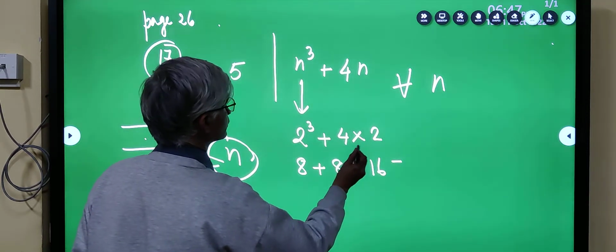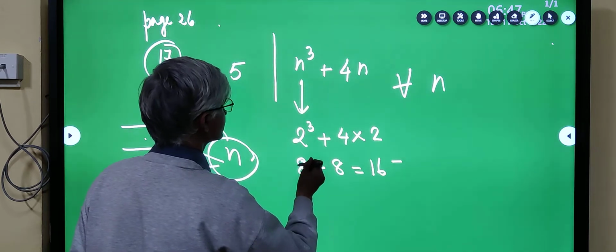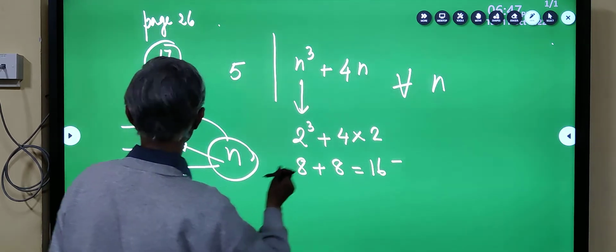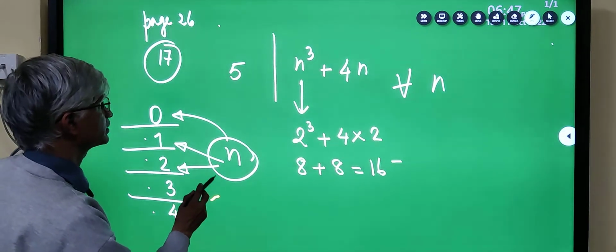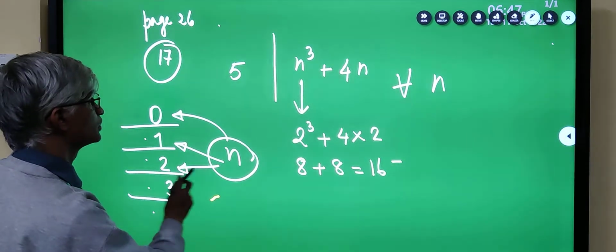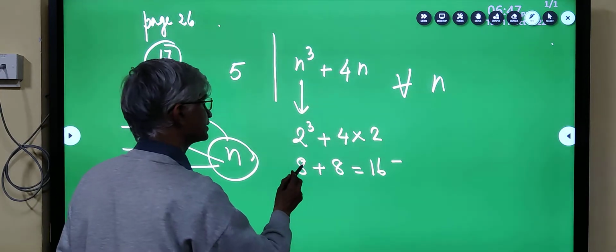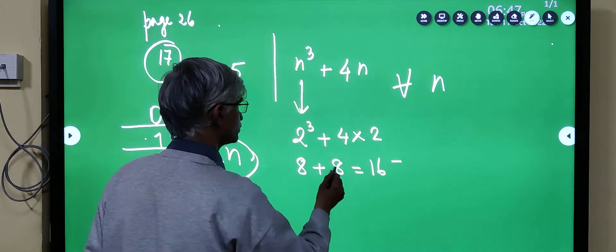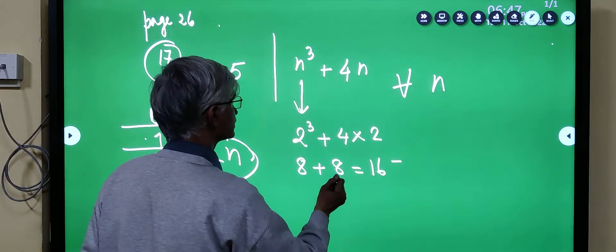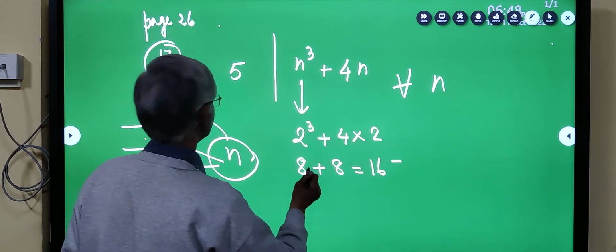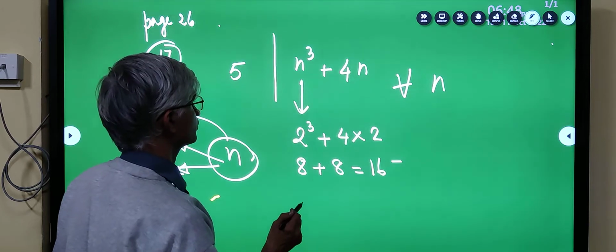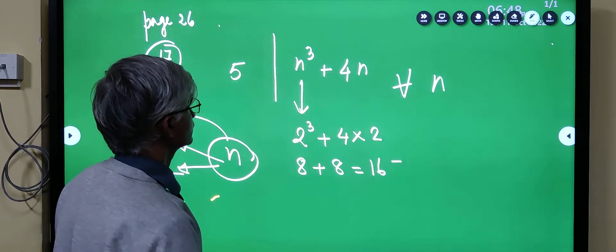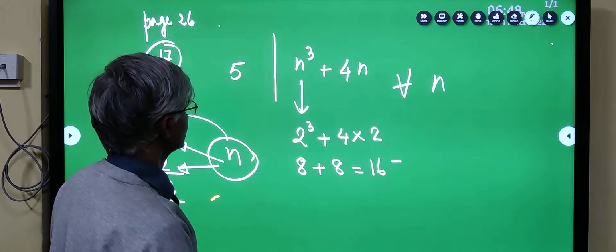I'm sorry, 4 into 2 is 8, and this is 8, 8 plus 8 is 16. What's the mistake I'm making? I'm sorry, n has a remainder of 2. So 2 cube is 8, plus 4 into 2 is 8, and there's some problem here. What's the mistake I'm making?